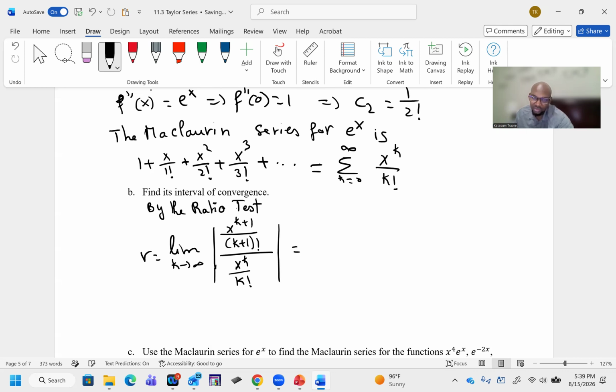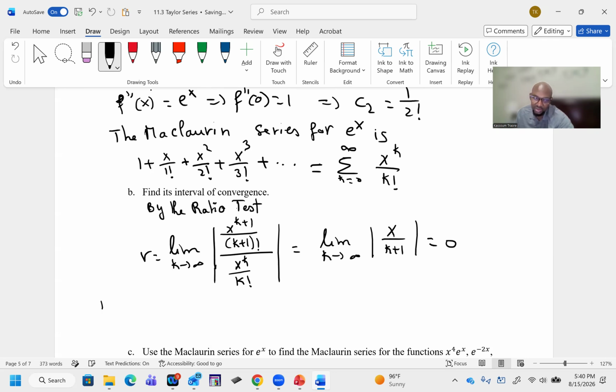And this gives the limit of the absolute value of x divided by k plus 1 as k approaches infinity, which is equal to 0.